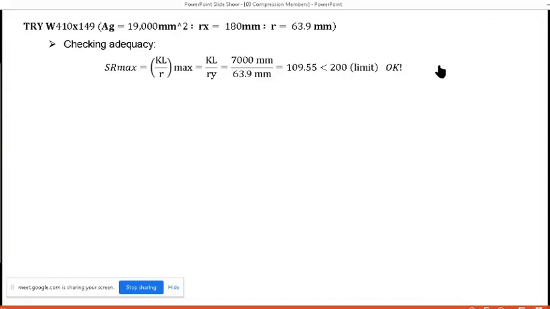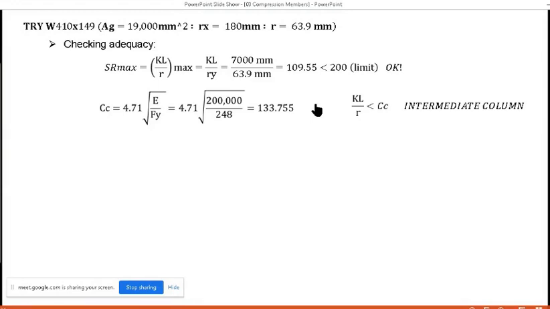So stable pa naman siya, yung local stability natin. And then we need also to solve yung CC natin. This is equal to this value. Okay? So yung value yan, given naman. So you just have to substitute in our equation. Masosolve ninyo yung value natin. So comparing our SR max and yung CC natin, what is the type of our column? That is an intermediate column.